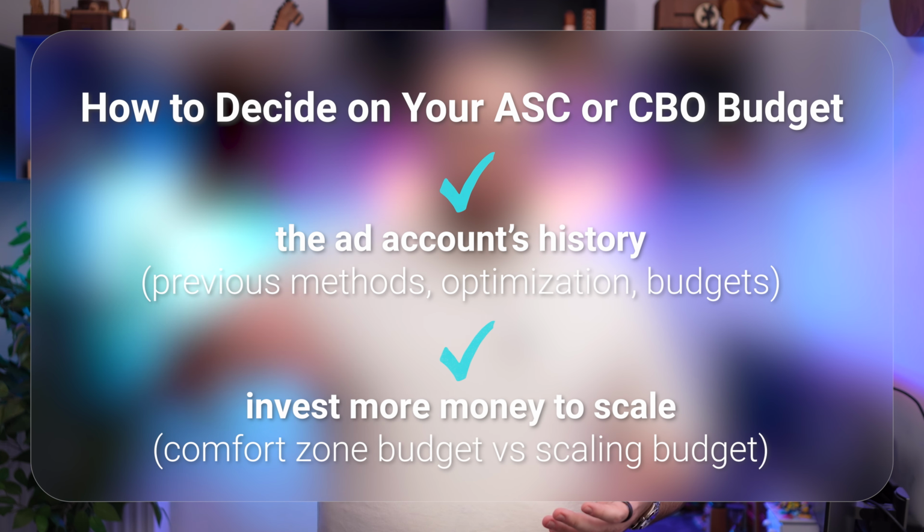And maybe from time to time I will try to spend more in an Advanced Plus or in a CBO, and if it's failing I will go back to the number which is the comfort zone of the ad account in terms of spending. If I have $500, should I split it in 250 and 250? This is not decided based on how many ads you are going to use in an Advanced Plus, but it's decided based on the history of the ad account and the way that the ad account is optimizing the campaigns. This is another perspective that I want to give you.